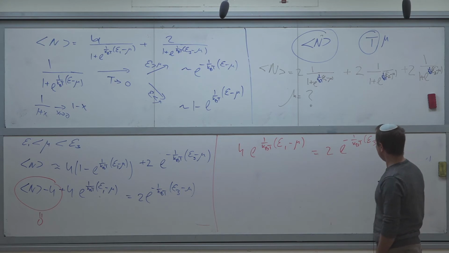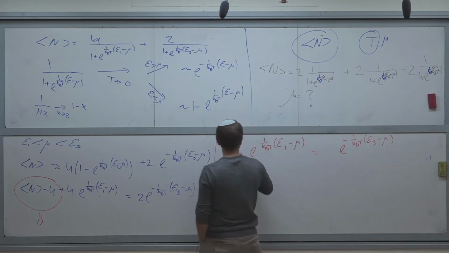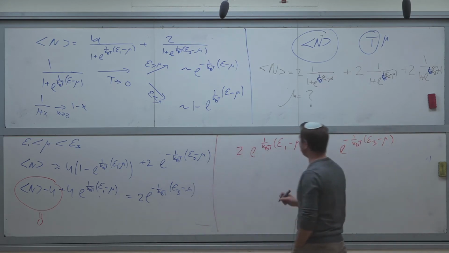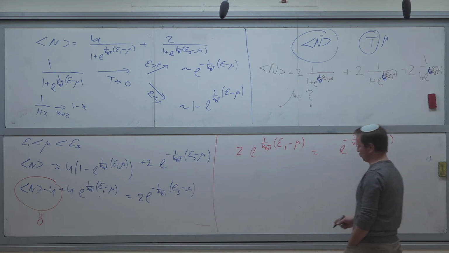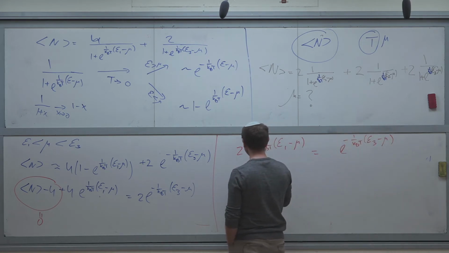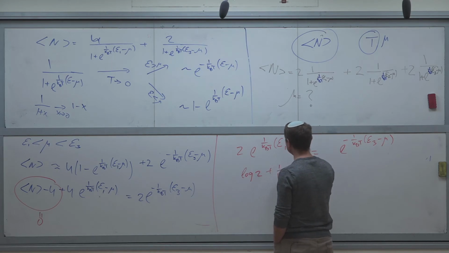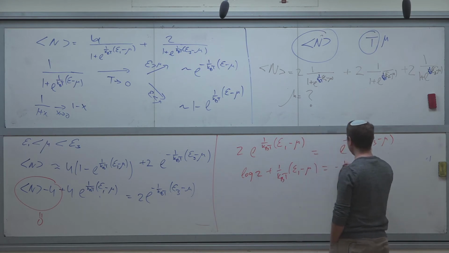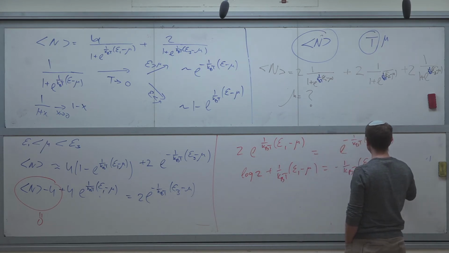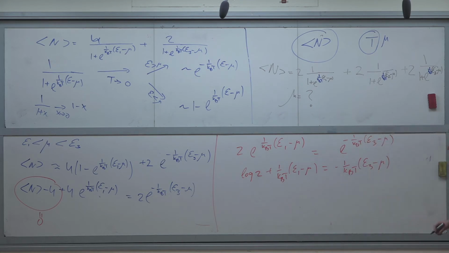Okay? We can do this trick. We can take a log of both sides, and we have log 2 plus 1 over k Boltzmann T (epsilon 1 minus mu) equals minus 1 over k Boltzmann T (epsilon 3 minus mu). Okay?